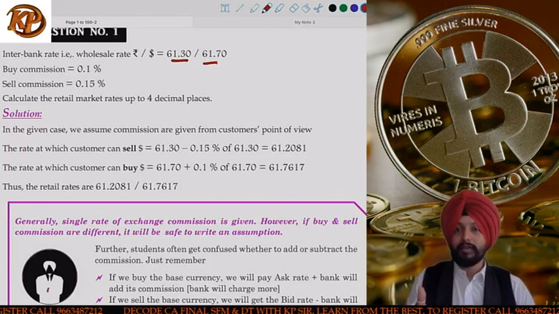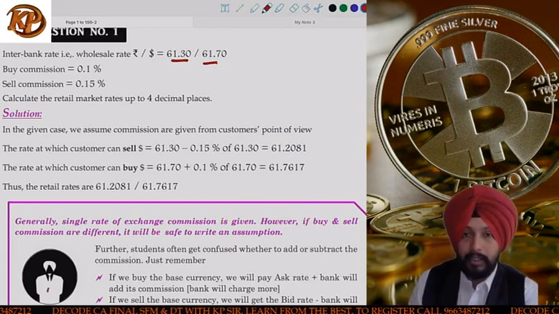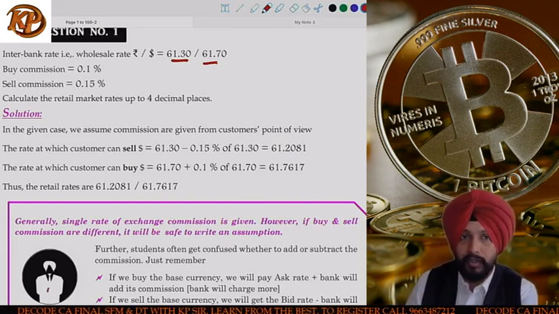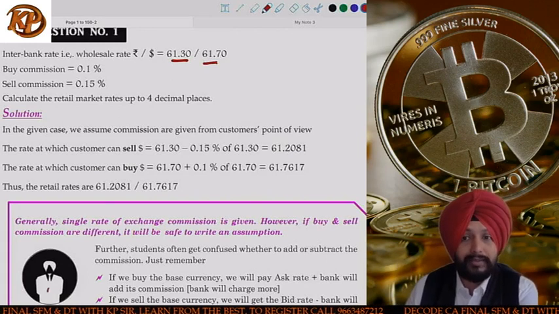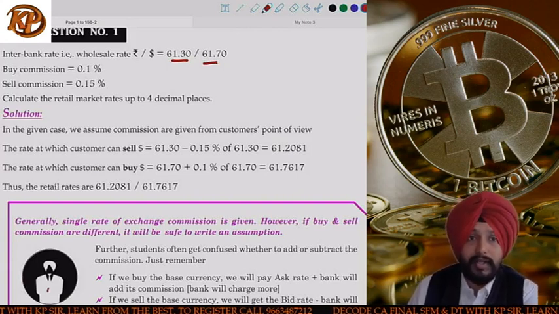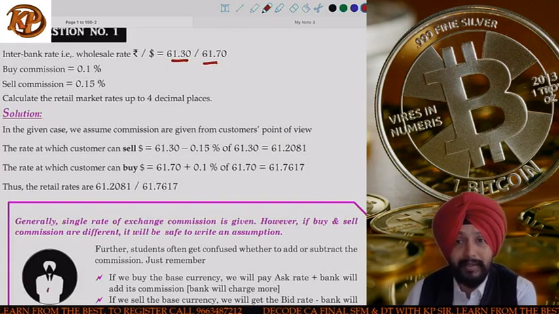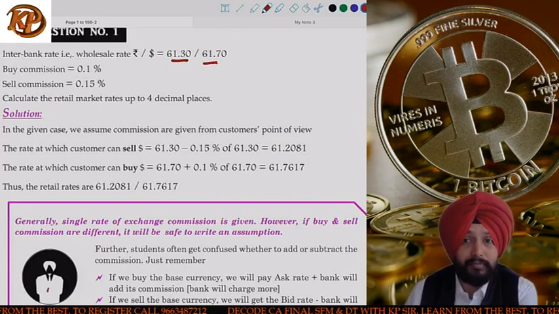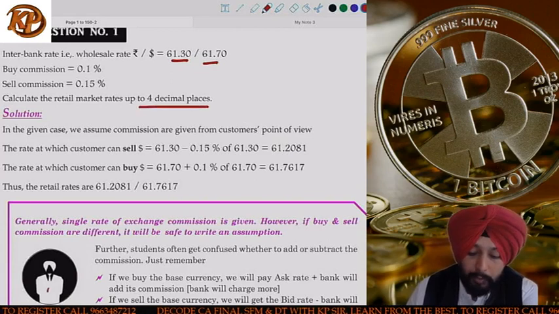So buy for a customer becomes sell for the bank, and so it's completely opposite for the two, right? If they give me a single rate of commission, then whether you buy or sell, the same commission will apply. Then confusion is not there. But if they give you buy and sell commission separately, then it will make some difference. Okay. Calculate the retail market rate up to 4 decimal places.